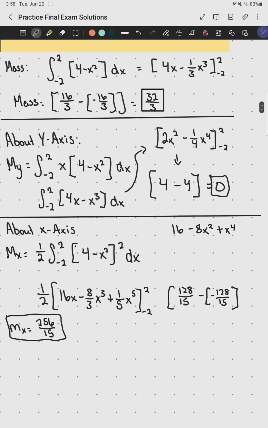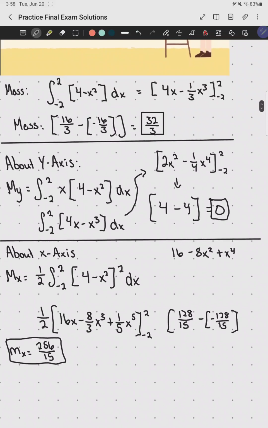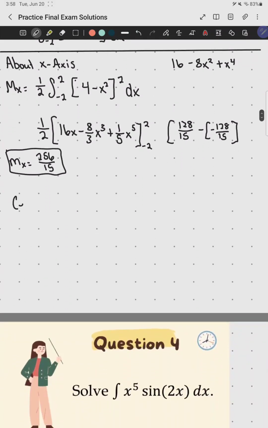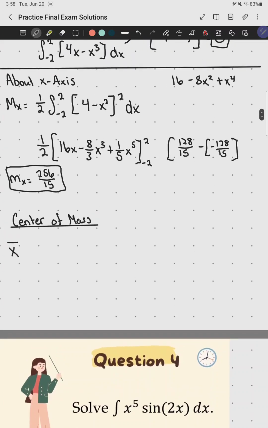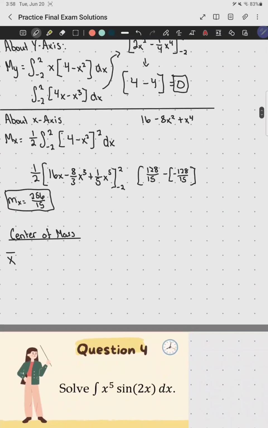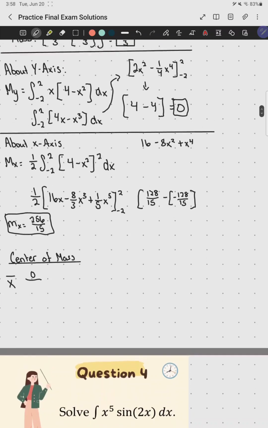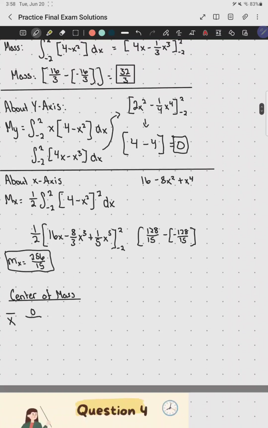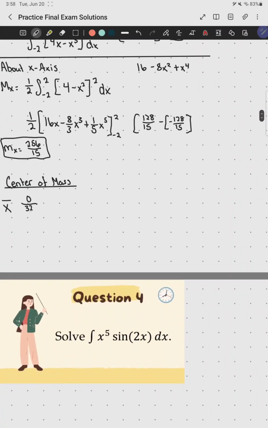Alright, so now what do we do with all 3 of these? Our center of mass, which is what we're looking for: x bar equals My over m. So we're going to have 0 over 32 over 3, which is 0.